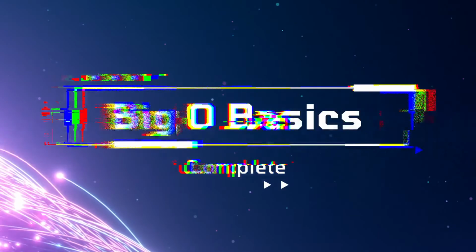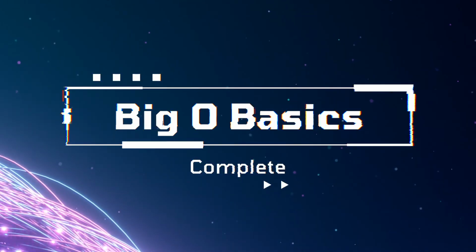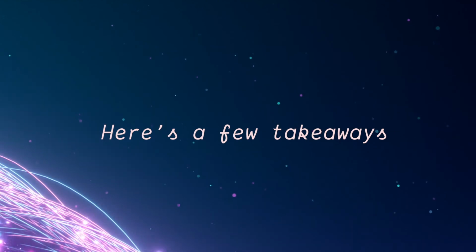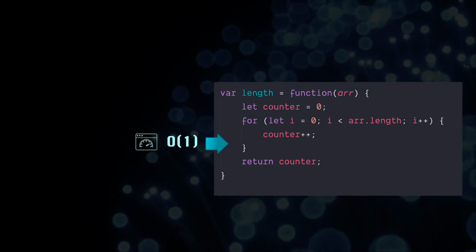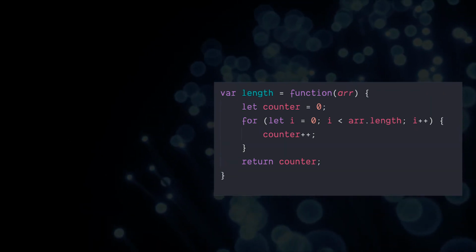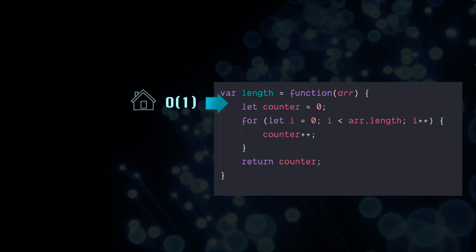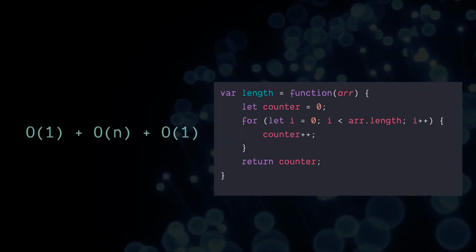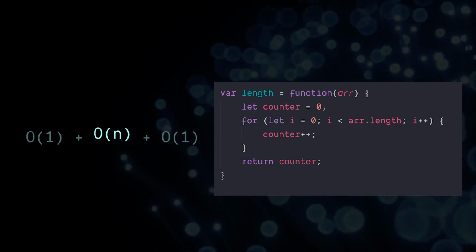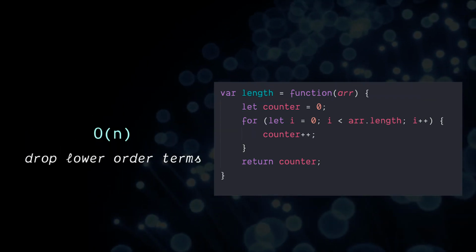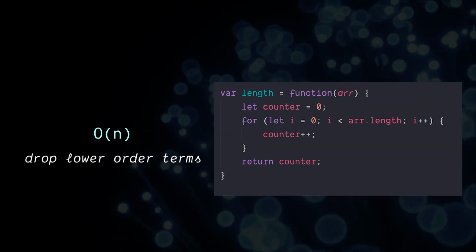All right, those are the basics, and we are going to dive a lot more into big O in each specific problem. But your takeaways from this video should be the following. First, every line of code has a big O time complexity, and every variable we create has a space complexity. Now, instead of manually adding together every line's time complexity, what we do instead is simplify by taking only the highest order or least efficient term.